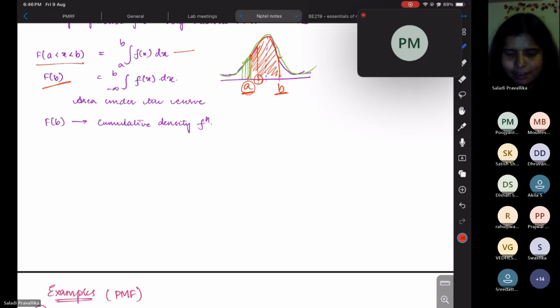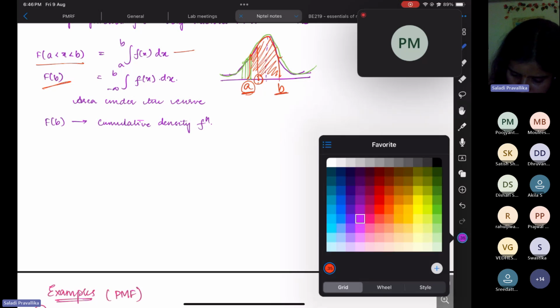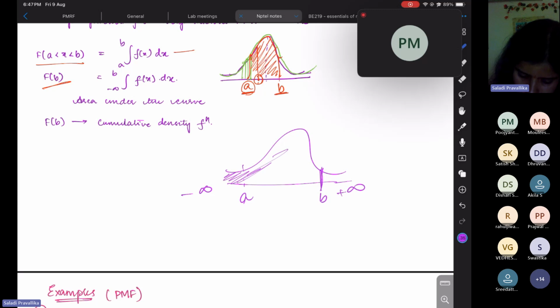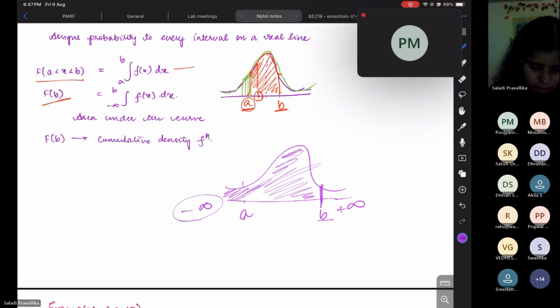Sir. Okay, thanks. So if I want to know the probability of having B, then I will take the area that is covered up until the point B. So if I call this B and this A, minus infinity to plus infinity, and I want to know the probability of it lying in B, then I'll take all the area starting from minus infinity to B. Right?